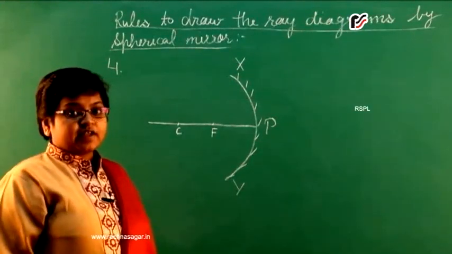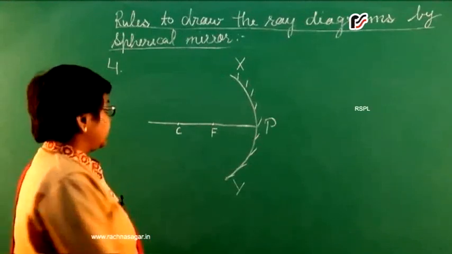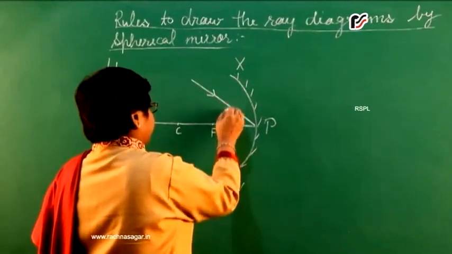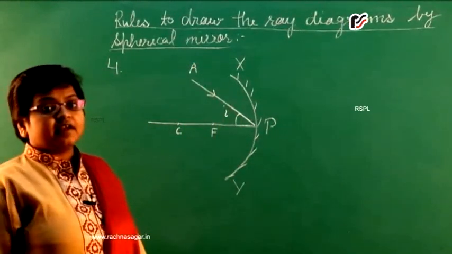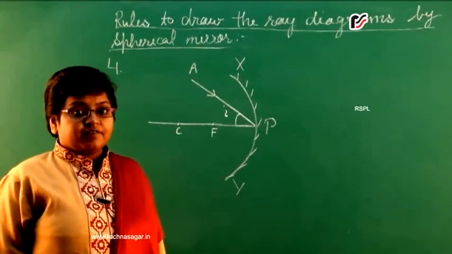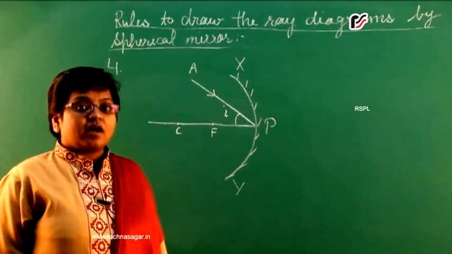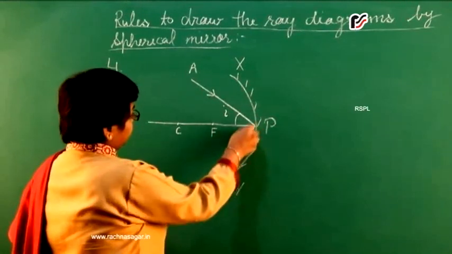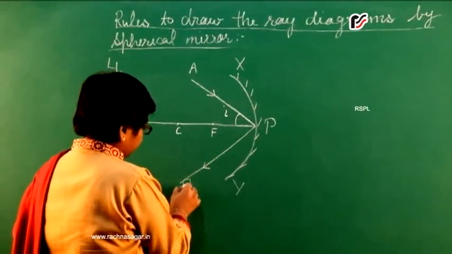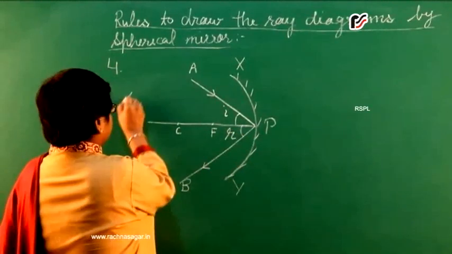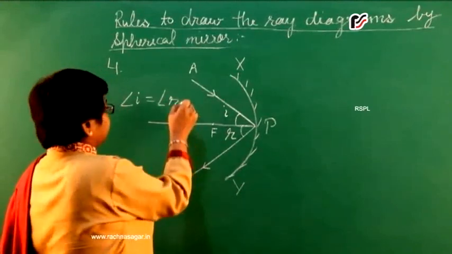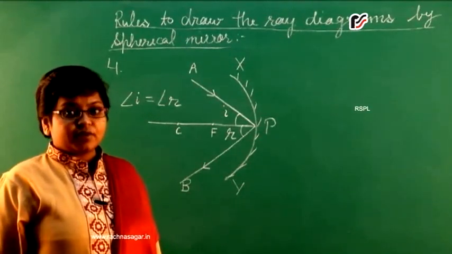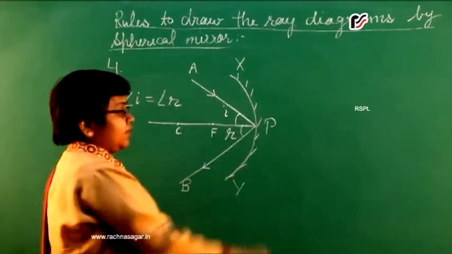Case 4. If any ray of light is incident on the pole of a spherical mirror at an angle of incidence I, it reflects back at an angle of reflection R, and according to the laws of reflection, angle I equals angle R. Here, the most important thing: the principal axis is always normal at the pole P. So, PC is the normal.